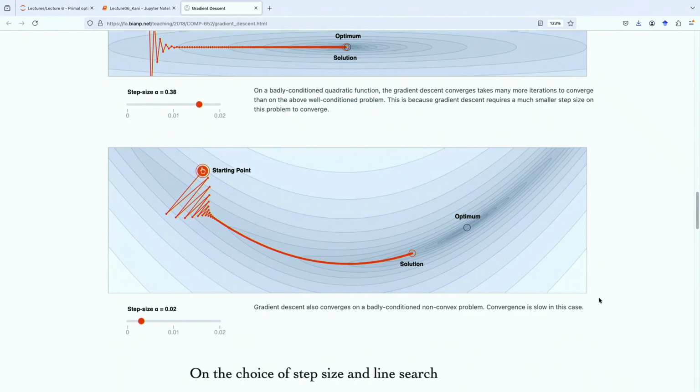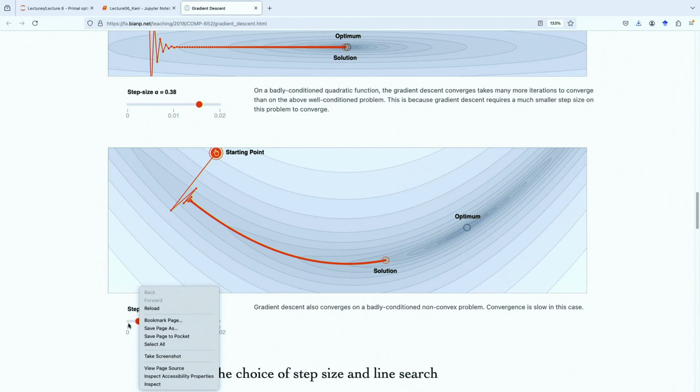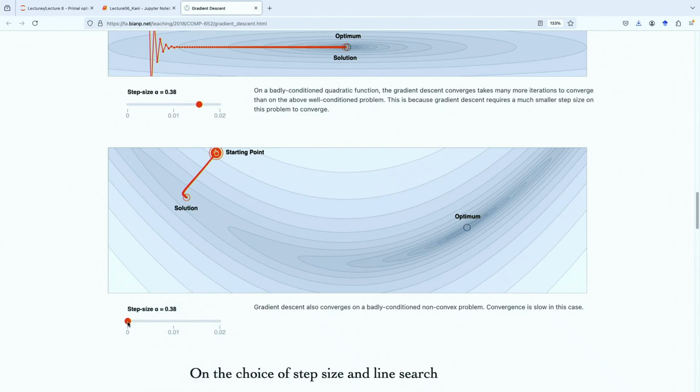And also this issue exists with non-convex functions. Like we have a function right here. We know it's non-convex because if we draw a line from here to here, it's not always decreasing, all right? The good news is that gradient descent works even with non-convex functions, right? It's a wonderful thing that you have an optimization algorithm that doesn't depend on convexity.